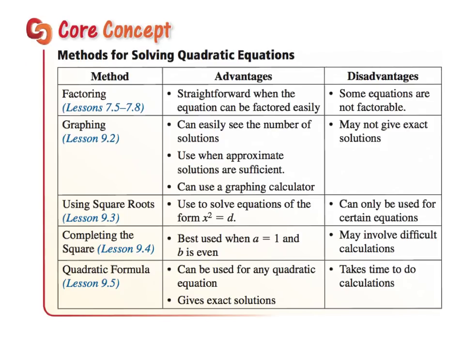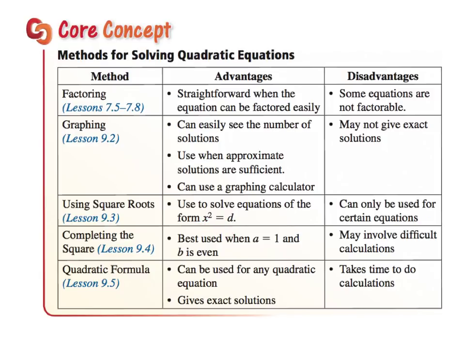So here's a review of everything you've done. You have solved by factoring. Factoring is straightforward when you can factor easily. However, some equations are not factorable. You can solve by graphing, but it may not give exact solutions. And you can use your graphing calculator, so that makes that easy. Square roots only works when you have x squared equals something.